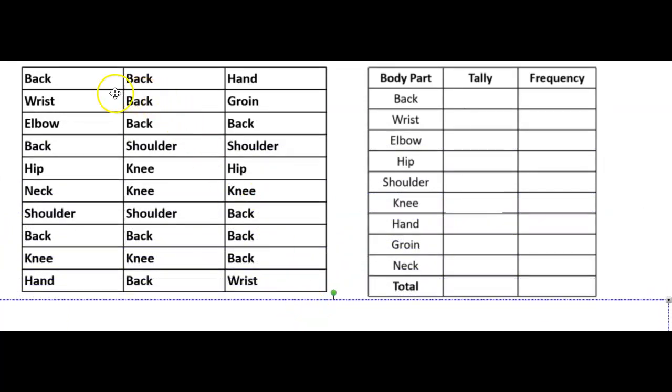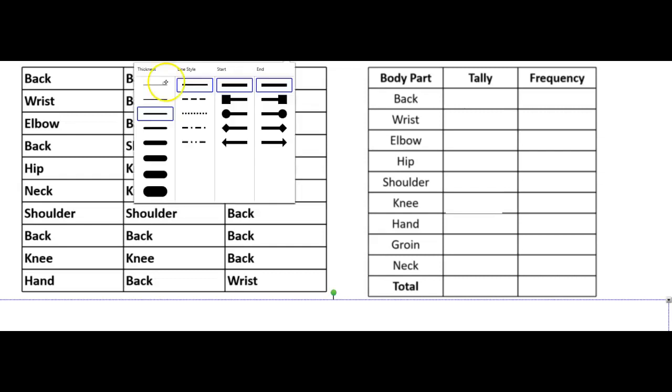Okay, here is our list, and now we have our body part. Now again, this is categorical data, qualitative. This isn't numerical. So we want to tally the following. We want to figure out how many we have that represent the back. Okay, so let's go ahead and do that.